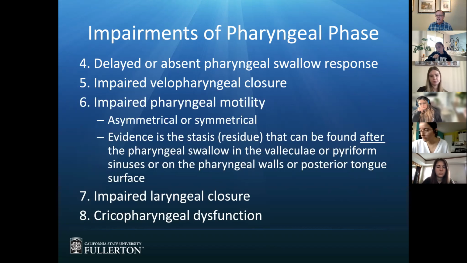And they say they can swallow because they're doing the oral part of it, which is conscious. They're pushing it back and it isn't in the mouth any longer, but it hasn't gone into the esophagus. It's gone into some of the little crevices in the pharynx and just sitting there, or if they swallow more, goes into the airway, but they're not having a pharyngeal swallow response. So that can occur, and we'll talk about the neurology of that in 2 weeks.